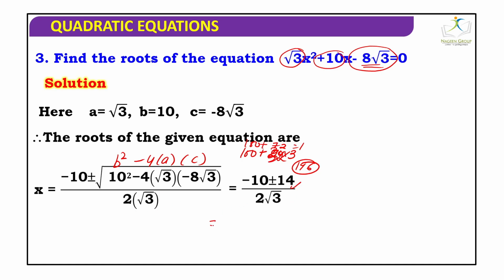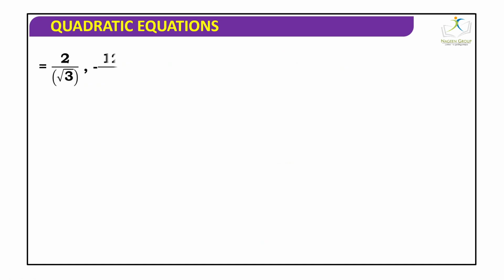Taking 2 common, it will be 5 plus minus 7 divided by root 3, and 2 with 2 cancel out, so it will be 5 plus minus 7 by root 3, right? One time added and one time subtracted. Now come to the next question.